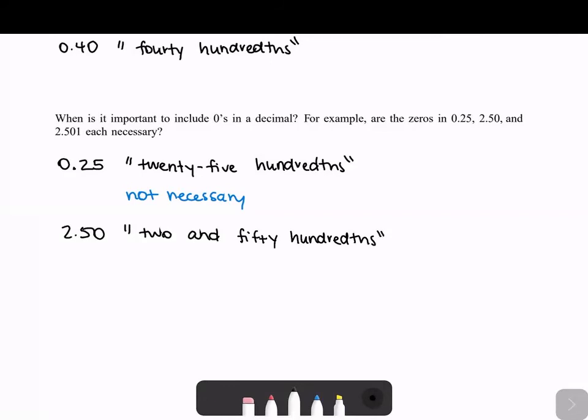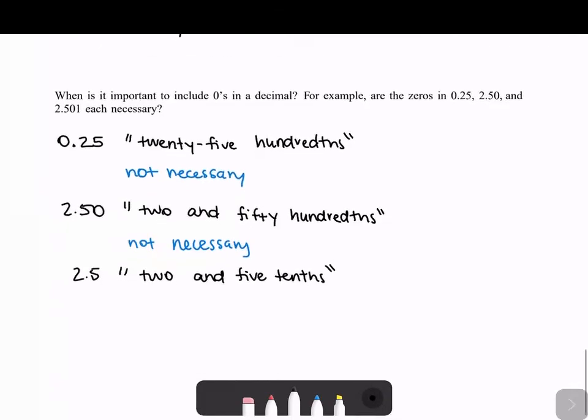Okay, so again, this is not necessary to represent the value, because if we didn't have this 0 here, then this would just be 2.5, which represents the value 2 and 5 tenths. So this just represents the value 2 and 5 tenths, which is equivalent. 5 tenths is equivalent to 50 hundredths because they just represent half of that value. So that one's not necessary.